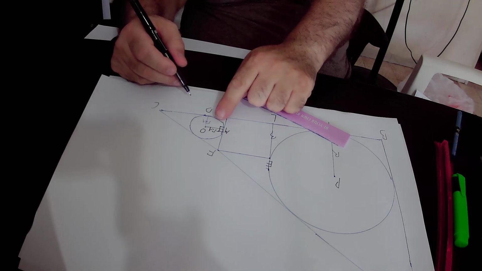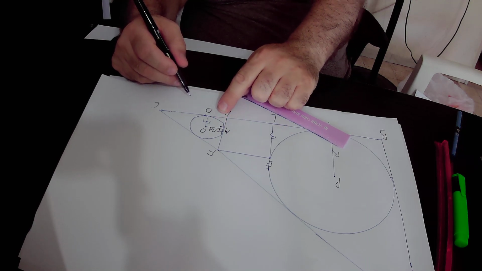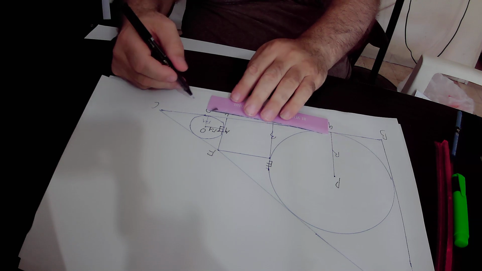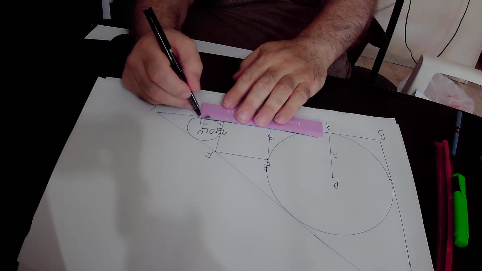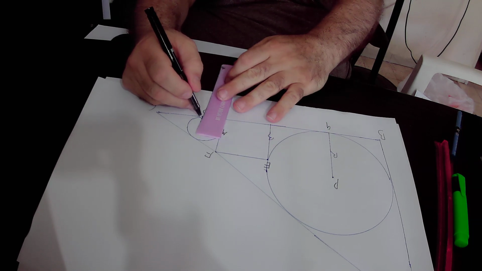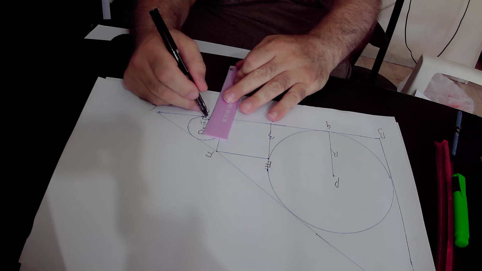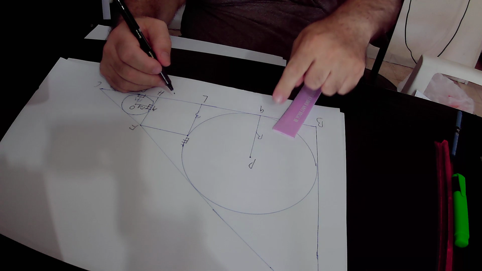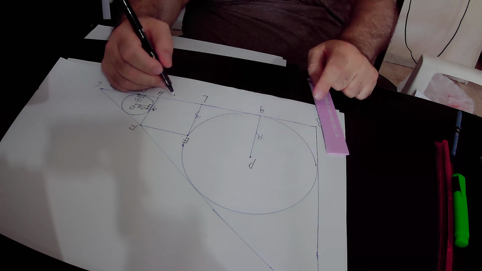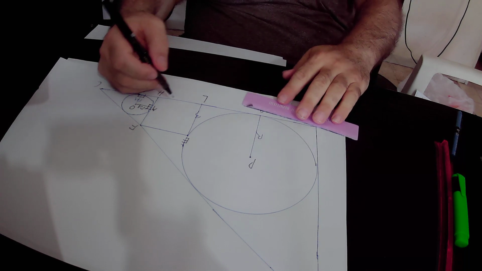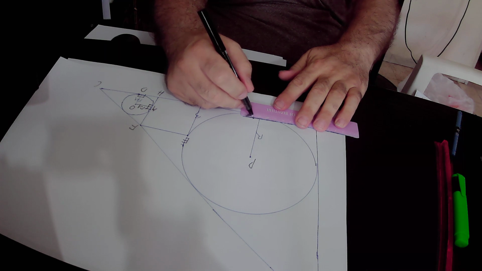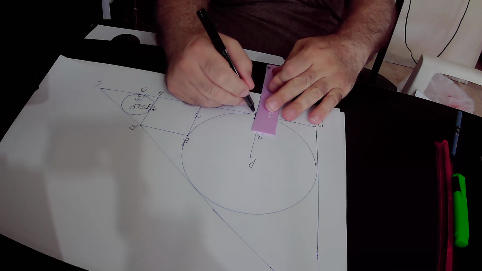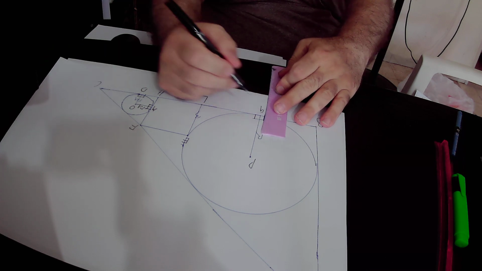Likewise, we have the radius OD that is drawn to the point of tangency. Therefore, according to rule number 1, this angle will be equal to 90 degrees, and this angle will also be equal to 90 degrees. Likewise, we have the radius PQ of the big circle that is drawn to the point of tangency. Therefore, according to rule number 1, this angle will be equal to 90 degrees, and this angle will also be equal to 90 degrees.